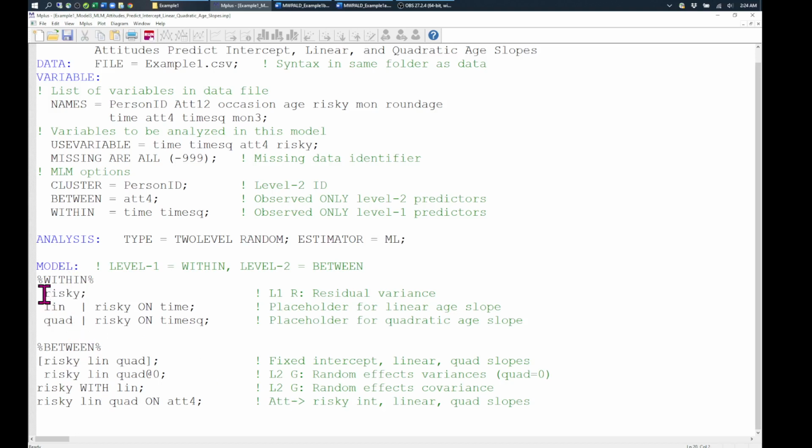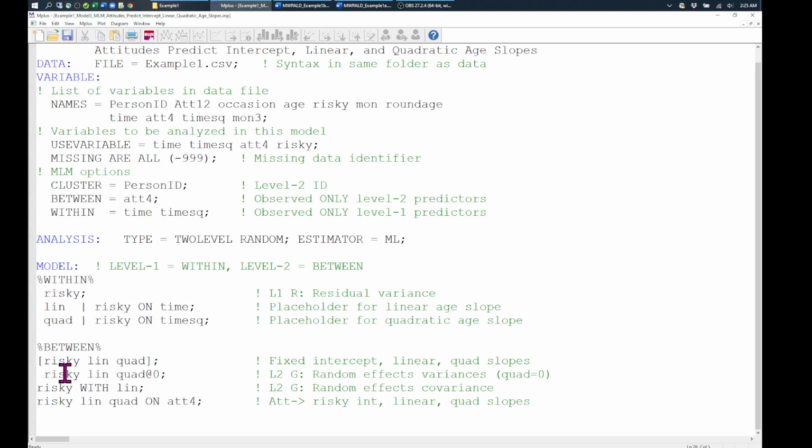Risky in the within model refers to its level 1 E variance. Risky in the between model refers to its level 2 random intercept variance. So multiple variables can be partitioned into residual versus random because each is referred to by its name. So when you write the variables by themselves, they're referring to their variances or their leftover variances.